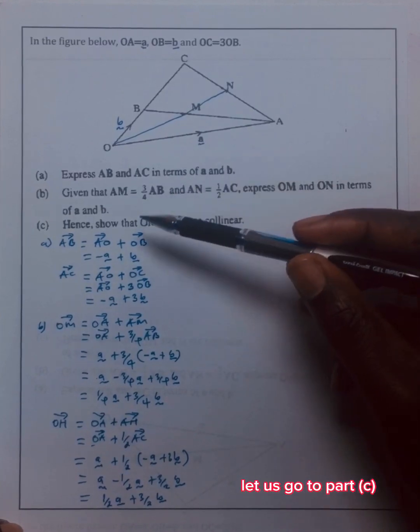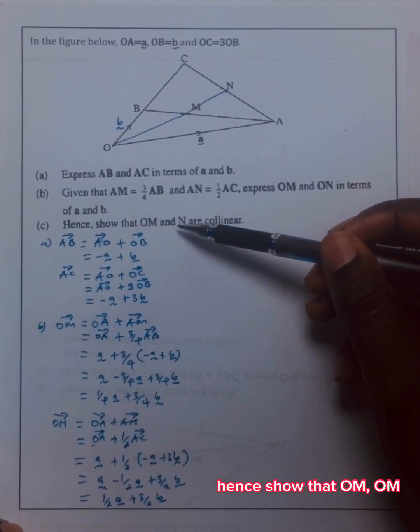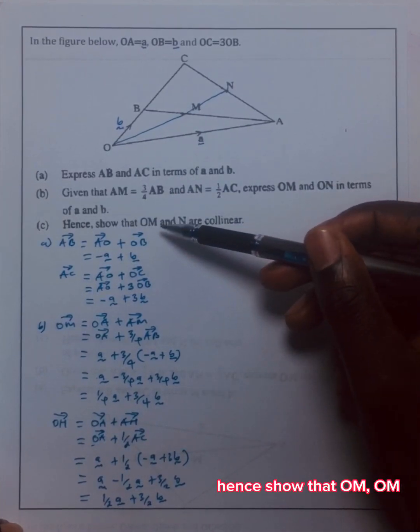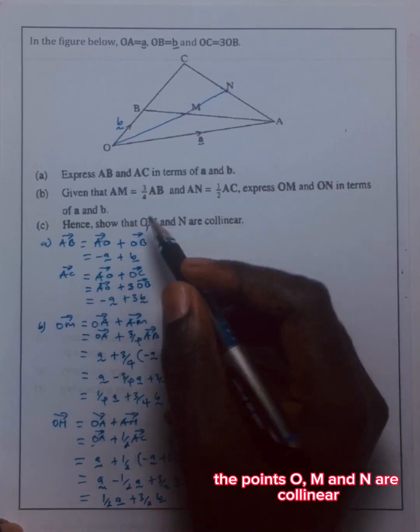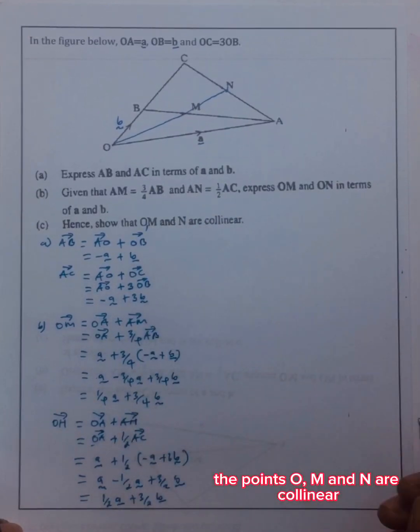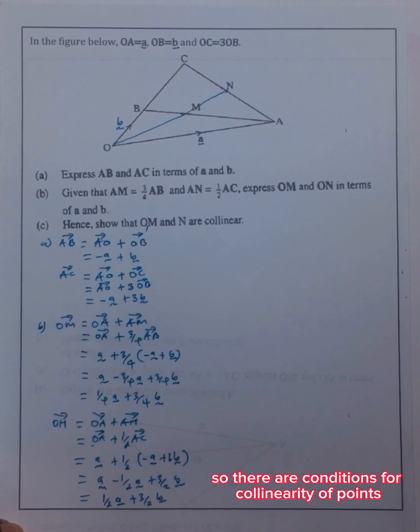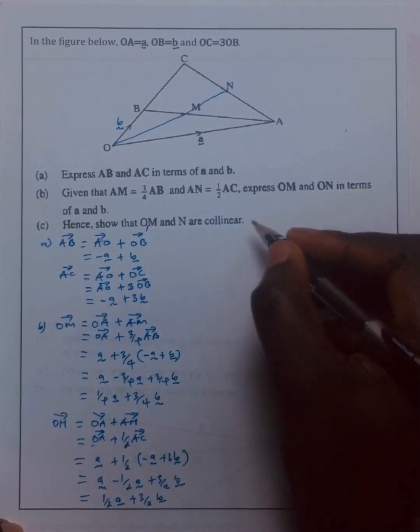Let us go to part C. Hence show that the points O, M, and N are collinear. So there are conditions for collinearity of points.